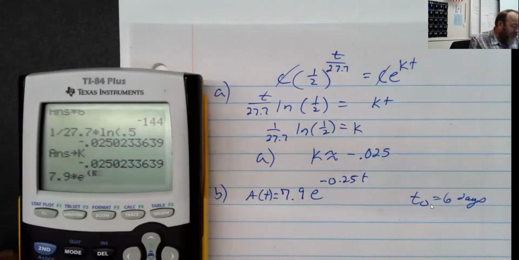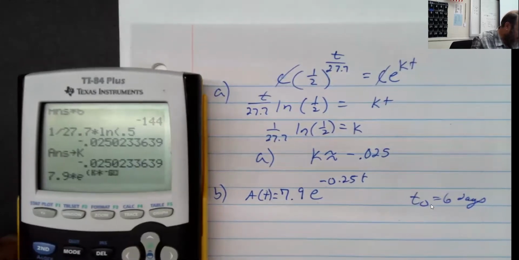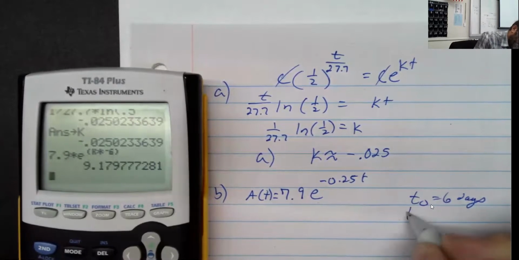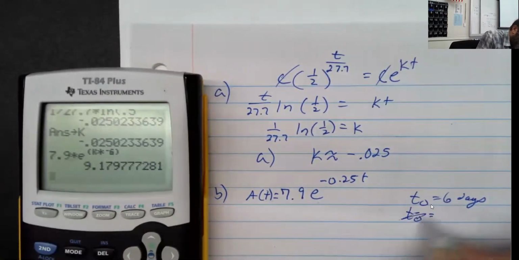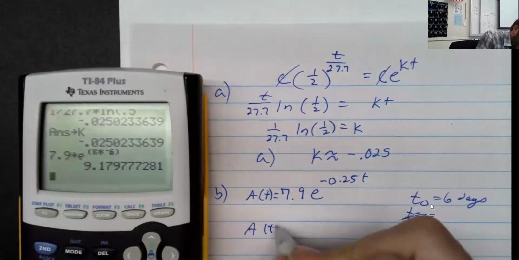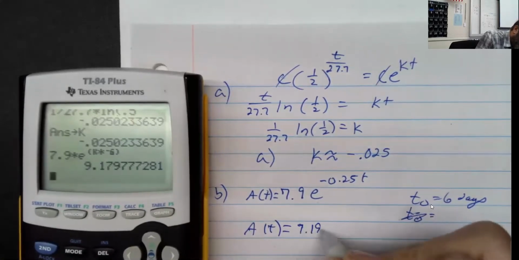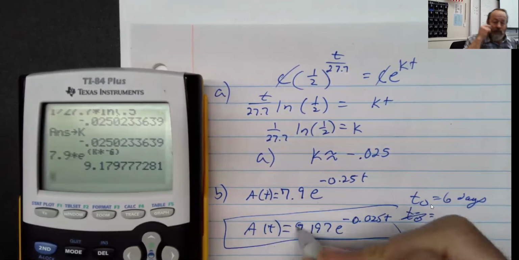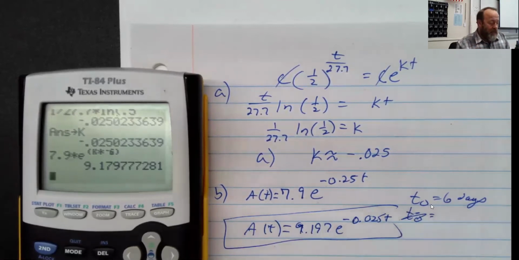That makes time 0 six days back. So effectively, I can reset the problem to 9.179 e to the negative 0.025 t. This is the real equation, obtained by going 6 days backwards in time.